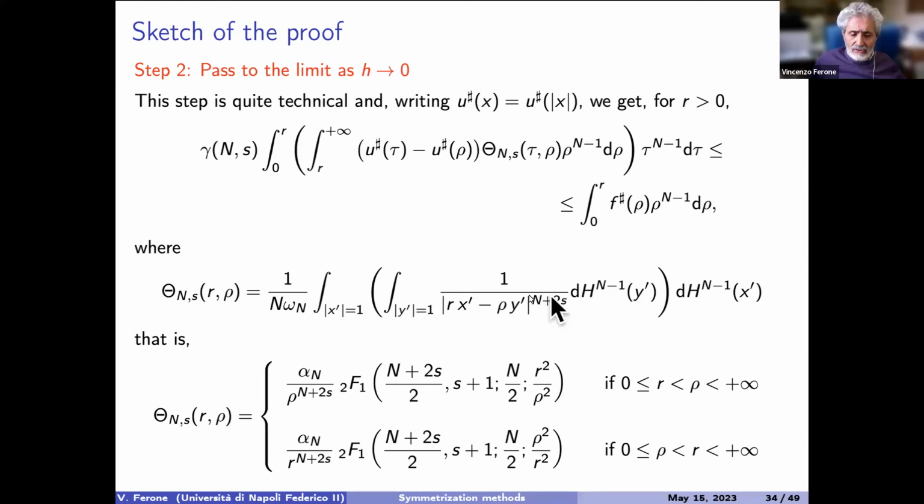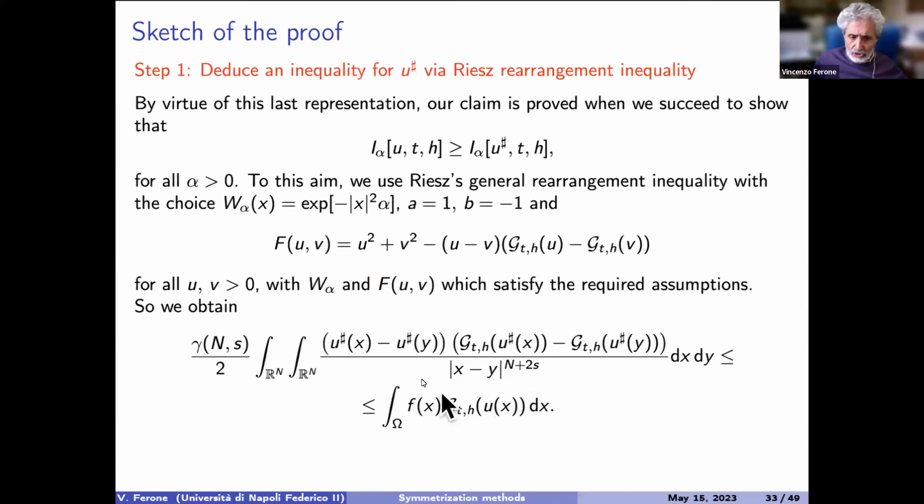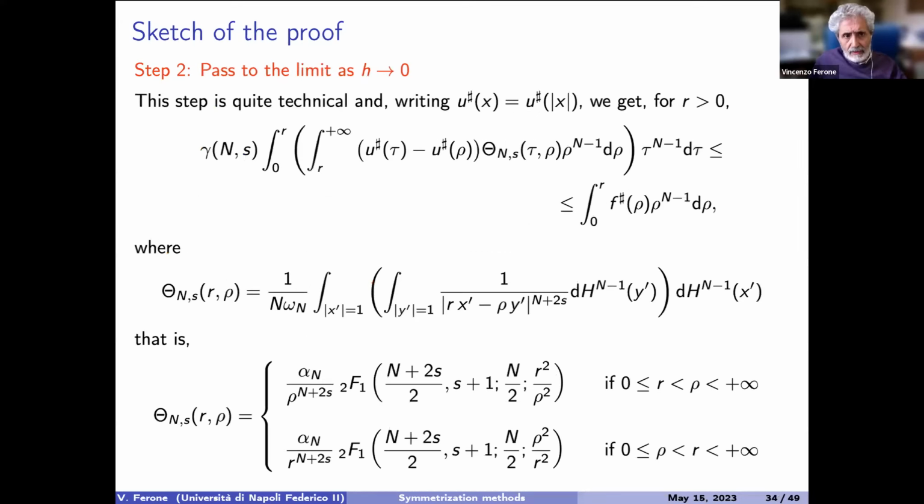And it is not difficult to show that this quantity here, once we divide by h and let h go to 0, so we pass to the limit as h goes to 0, on the right-hand side, we have the integral of f sharp. We can majorize here with the integral of f sharp.